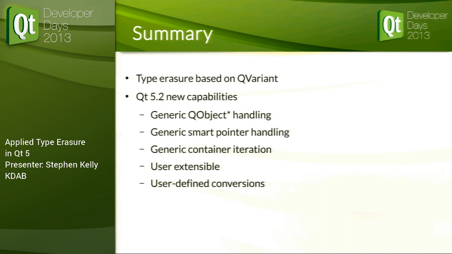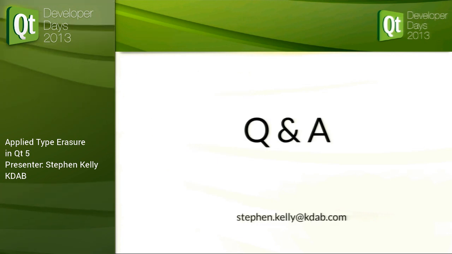It's user extensible, so you can use it with any third-party types or types from another library, if you're using Boost or anything else. And you can also now do user-defined conversions in Qt 5.2, so converting to strings easily and converting to anything else.